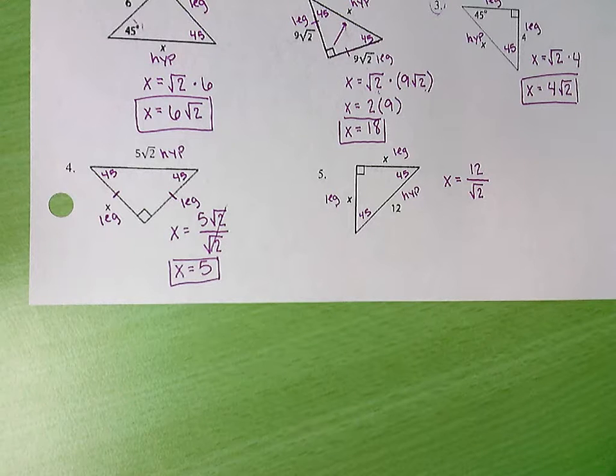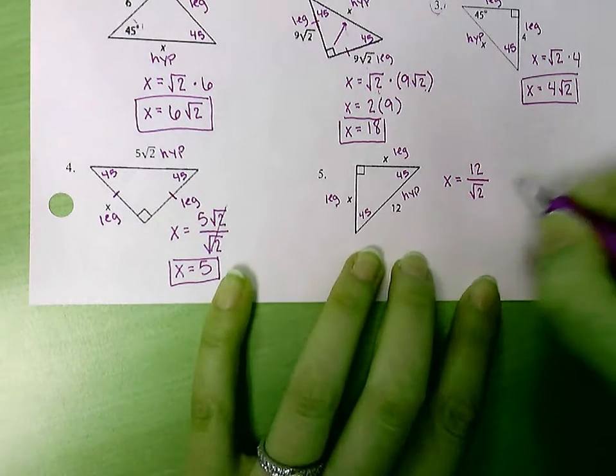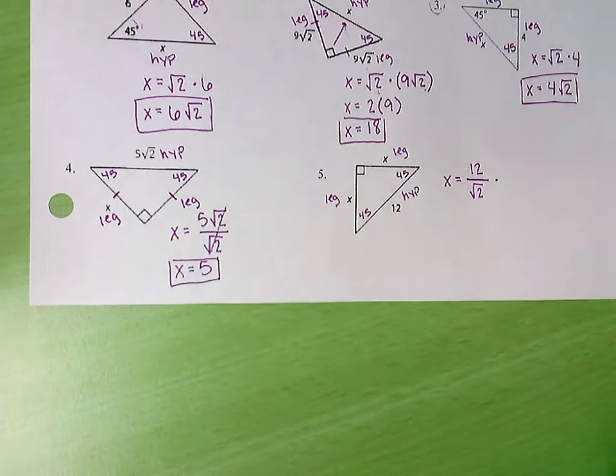So what I'm going to do is multiply by a version of 1. Okay, so if I had 5 over 5, that would equal 1, right? If I had pi over pi, would that equal 1? Yes.